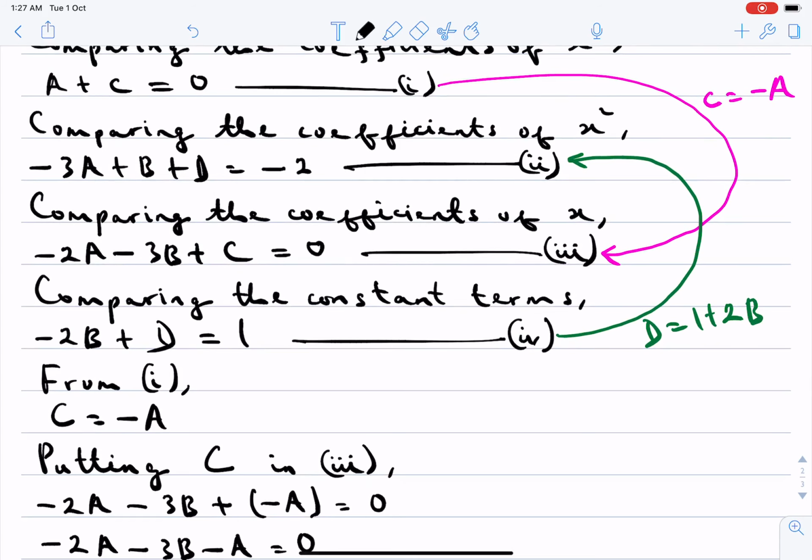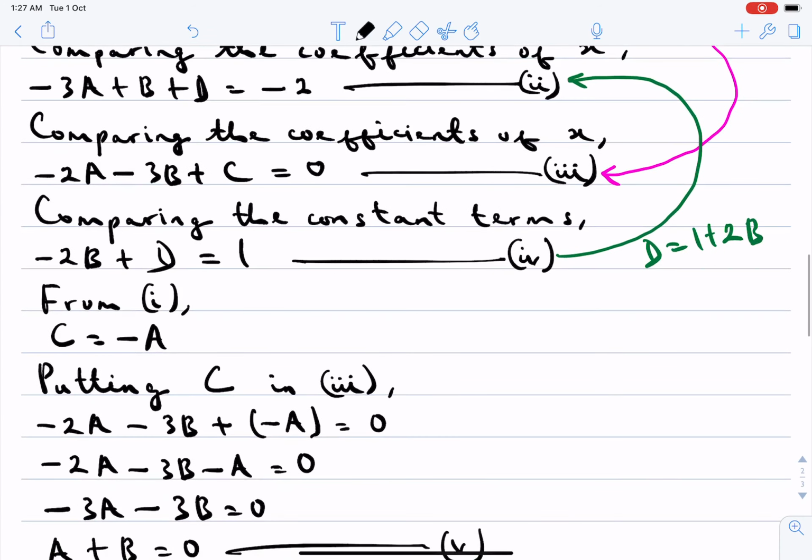Minus 3a plus b plus d equals minus 2. That means wherever you see d in equation 2, you put 1 plus 2b.